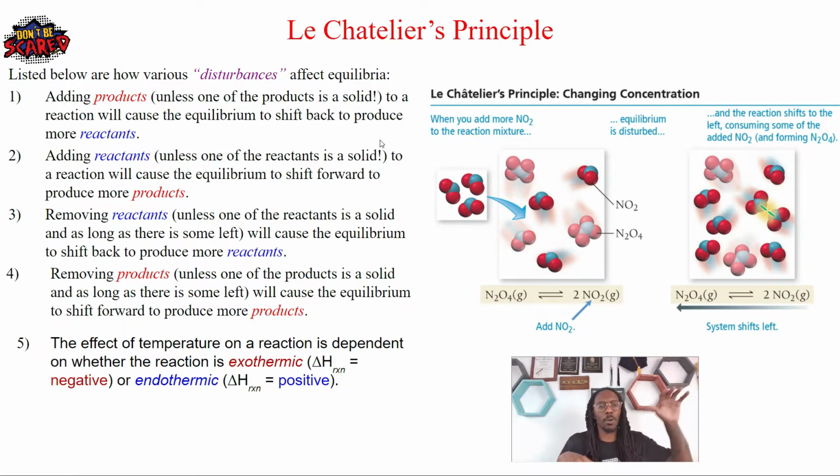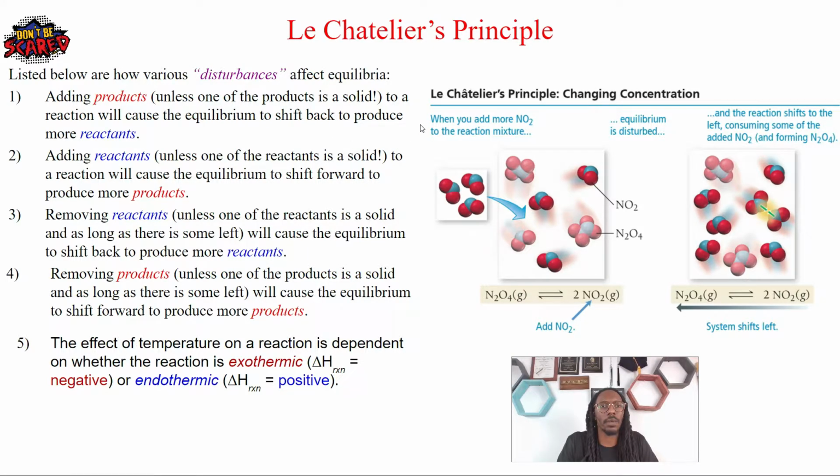If we add more reactants to our reaction, then we're going to have to shift forward to make more products. So the more reactants we add, the more the reaction has to shift to balance it out.